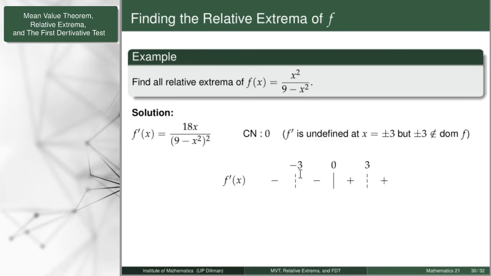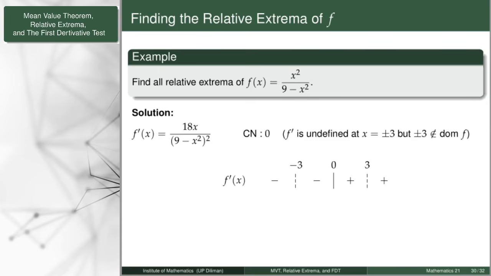So in a table of signs, you include not only the zeros of f prime, but also the numbers that will make f prime discontinuous. And that's evident here. If you evaluate, it will become minus, minus, plus, plus.